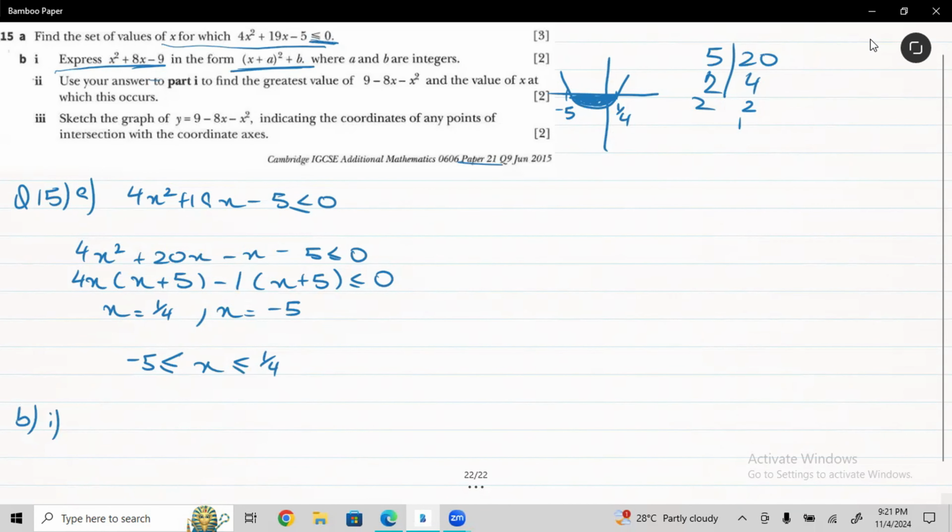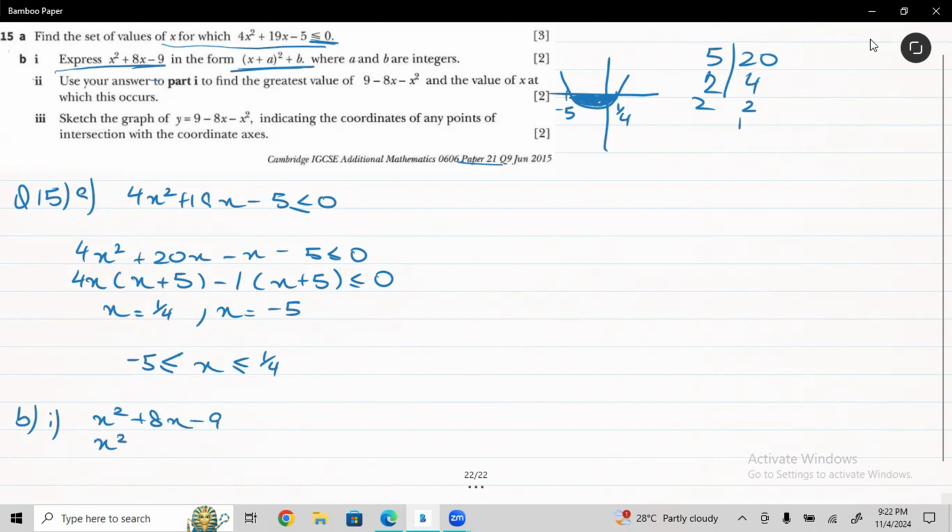Okay. For part B, part 1, we have to express in squared form. Again, we've done this type of question throughout the lecture. In fact, the last 2 questions were also based upon it. So what we are going to do is write down this x squared plus 8x minus 9.